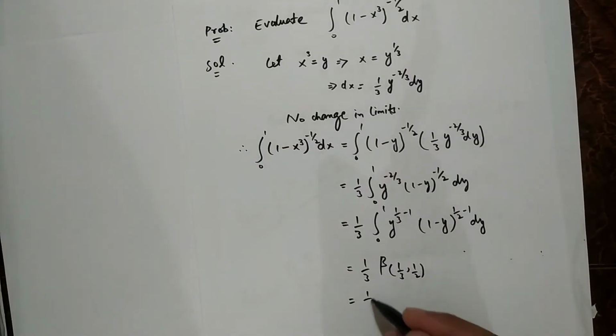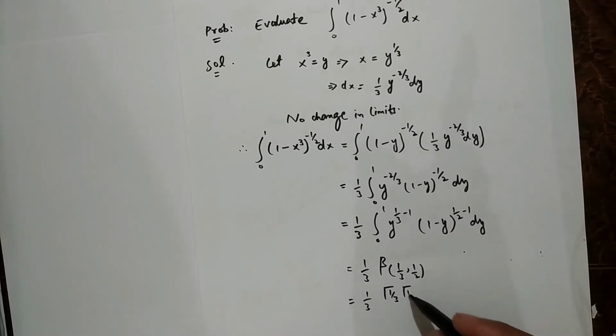And by using the property of beta and gamma function, that is 1 upon 3, and this is gamma 1 over 3, gamma half, upon gamma 1 over 3 plus 1 over 2. Clear?